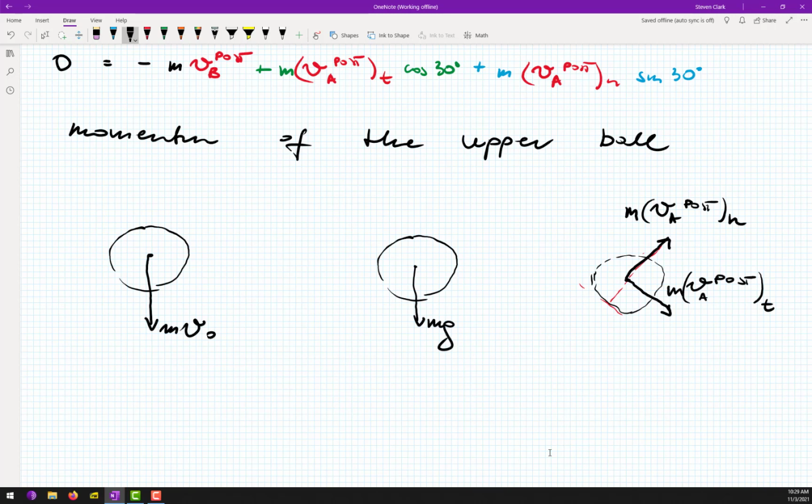And there is one more force acting on our particle during the impact. Anybody want to help me? Yes, Jason? Yeah, let's do it N.